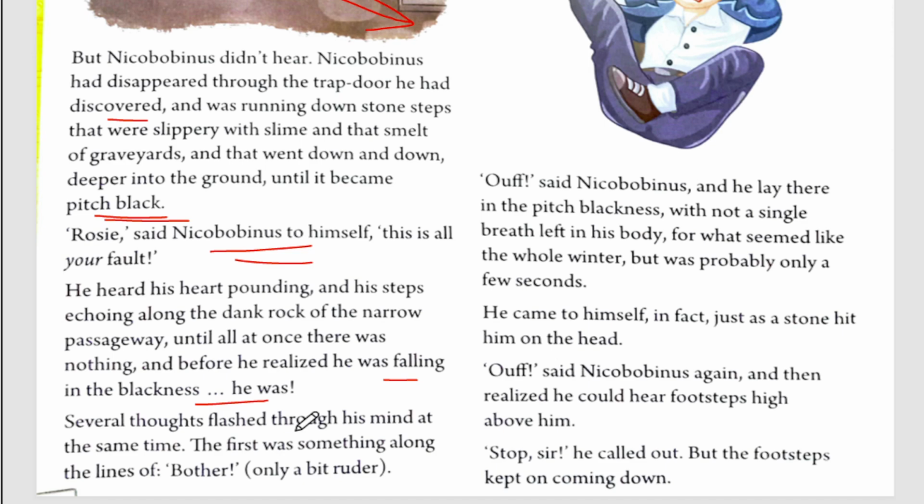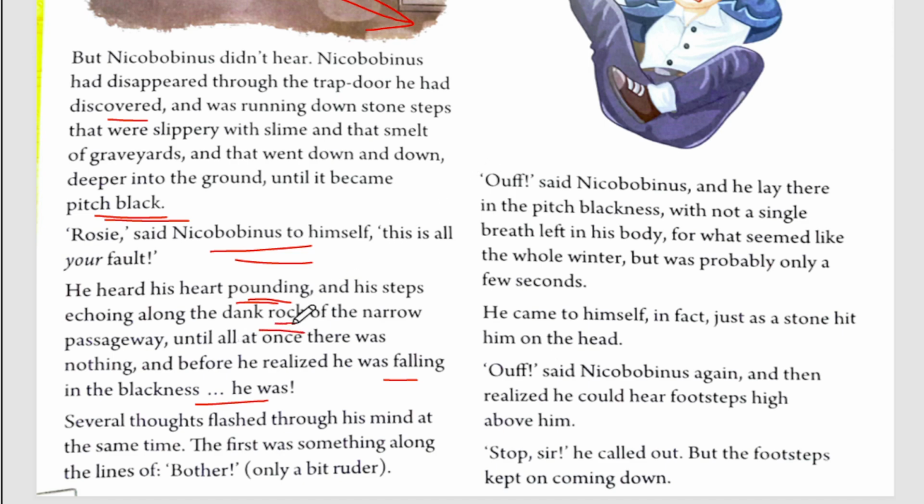Now, before understanding this passage, we'll go through the meaning of the difficult terms as they are used here. As I told you, here his heart was pounding. That means this is the symbol of the fear that he was experiencing. Actually, his heart was running very fast, so consequently he was becoming scared.